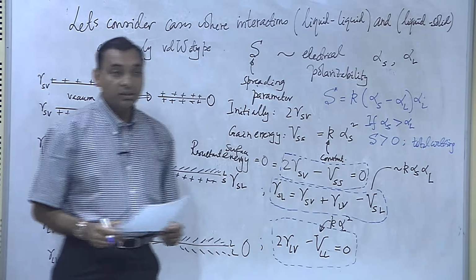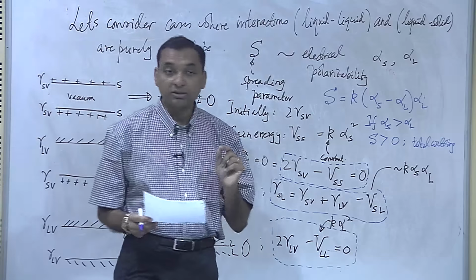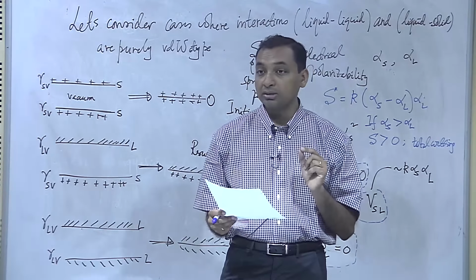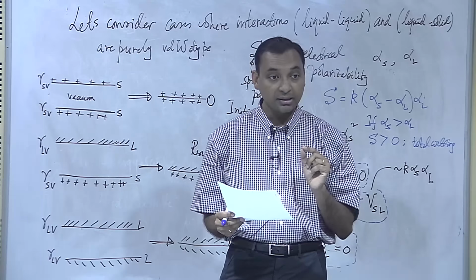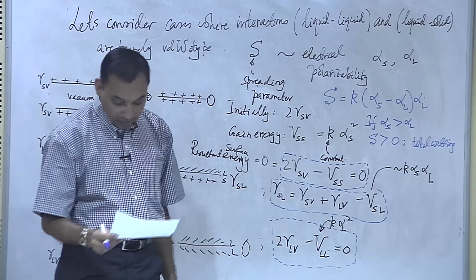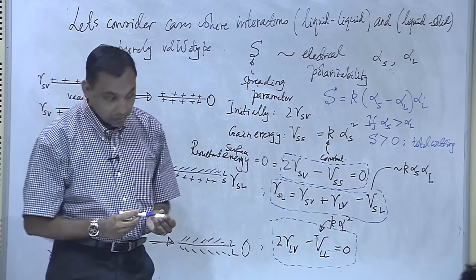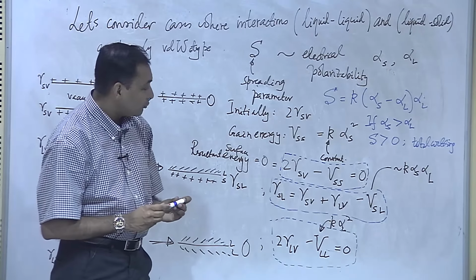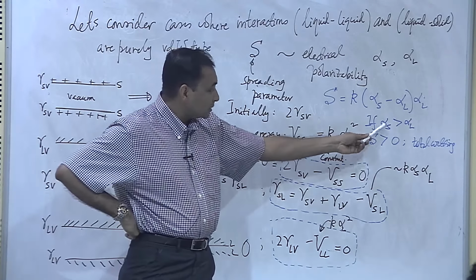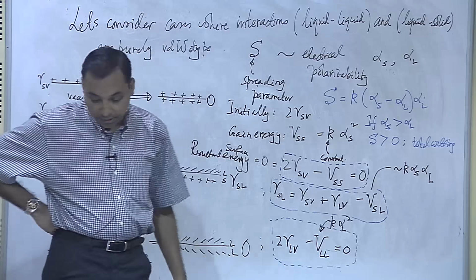So, you can see the polarizability of the solid and the liquid, the electrical polarizability of these molecules will essentially dictate whether I can get a wetting or not. So, essentially the solid polarizability.